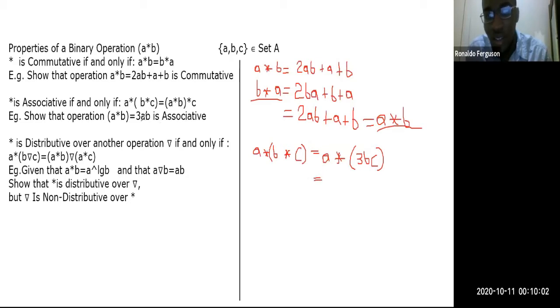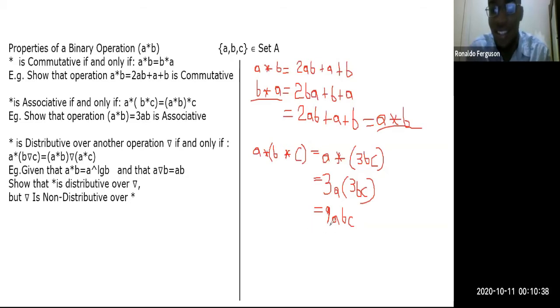The result is 3 times the first number, so it's 3 times A times 3BC. And so what we're getting is 3A times 3BC, which is 9ABC. So that is A star B star C, which is 9ABC.